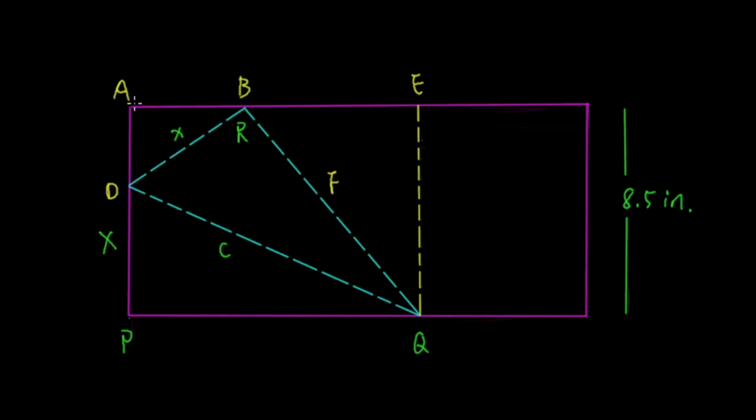What is the length of AB? We know that this is a right angle, right? It's a piece of paper. Then we can use the Pythagorean theorem, right? That means x squared minus this side squared, which is (8.5 minus x) squared, will give me the length of AB squared.